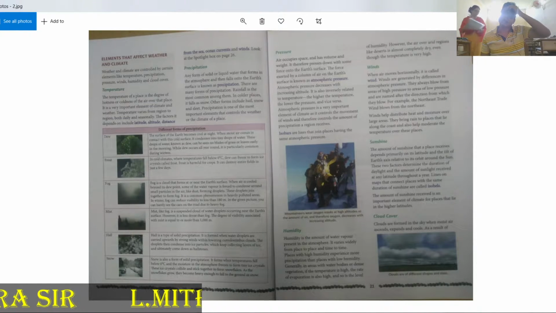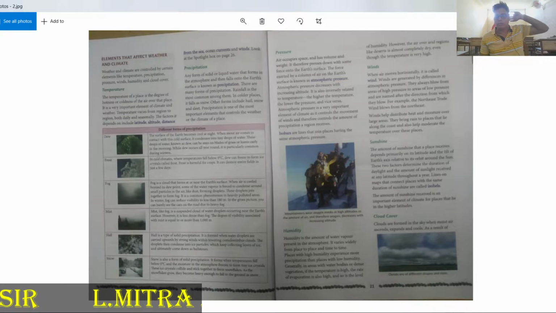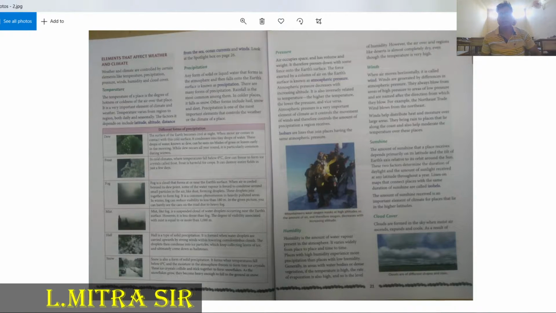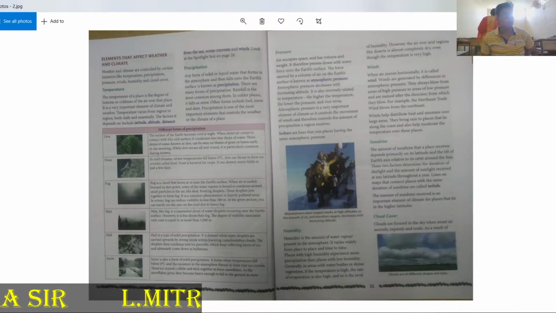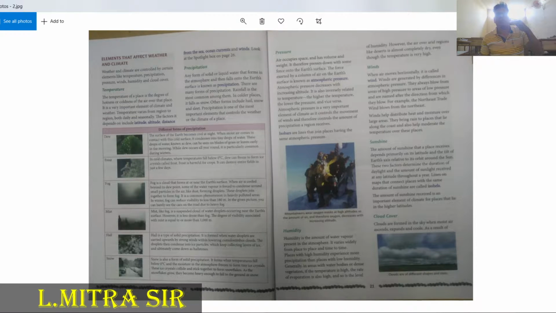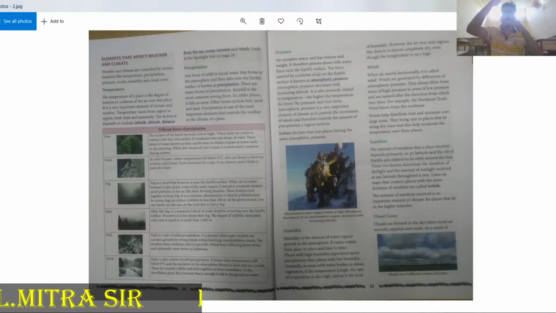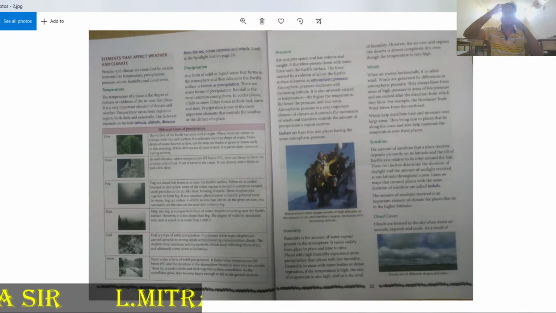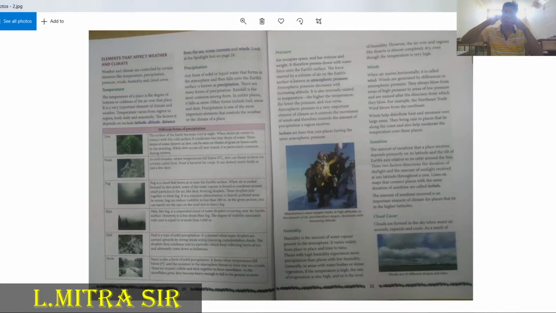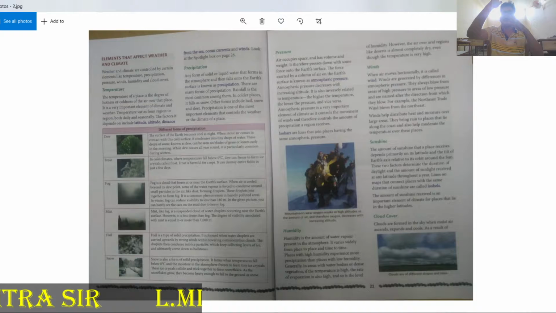If we discuss one by one, latitudes, perhaps you know, are imaginary lines drawn from east to west, parallel to the equator. 0 degree is the equator. If you move upwards from 0 degree, 1 degree north, 2 degree north, up to 90 degree north, the temperature will decrease from the equator towards the poles, the north pole.